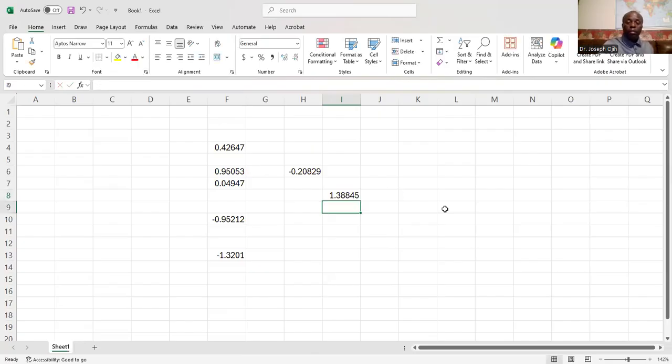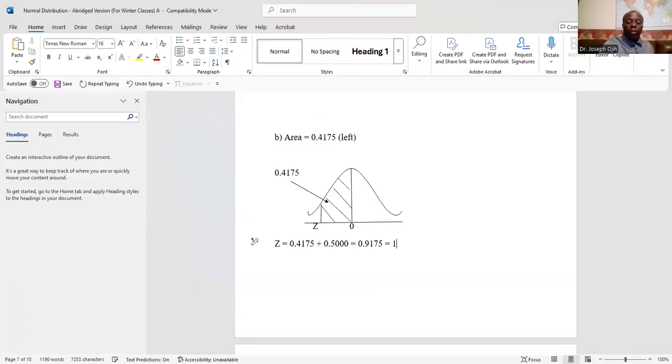Close the parenthesis on this. That's 1.39. So the Z value becomes 1.39. Now, because it is on the left side, it has to be negative 1.39. Does anybody have a question on that?